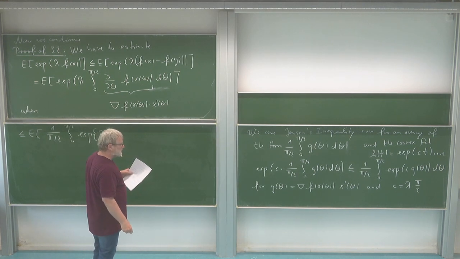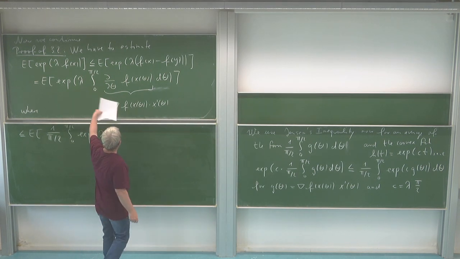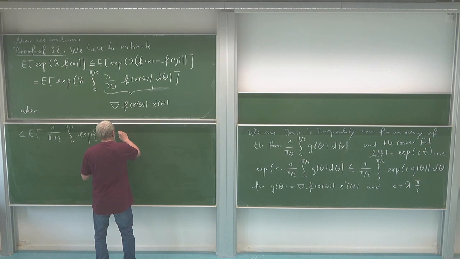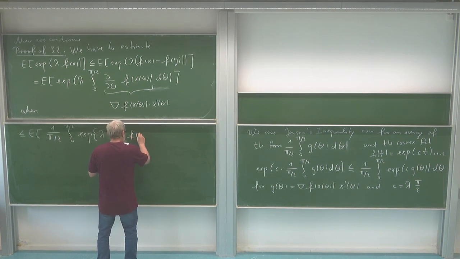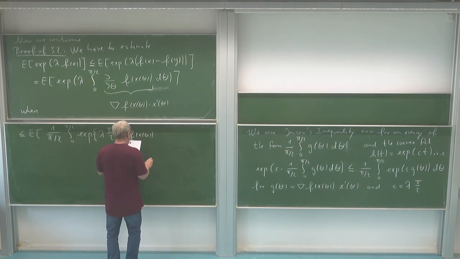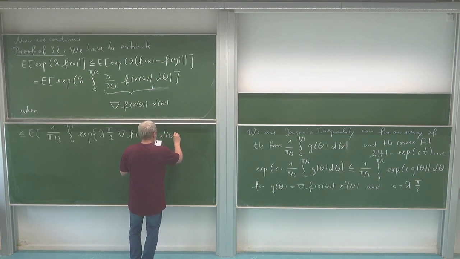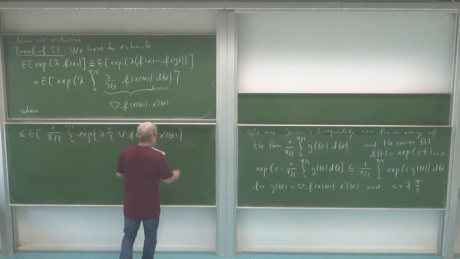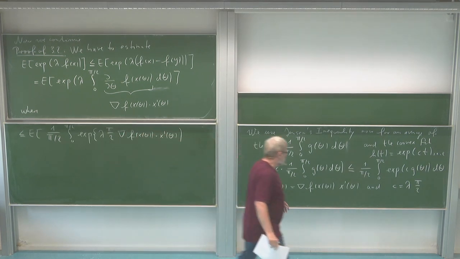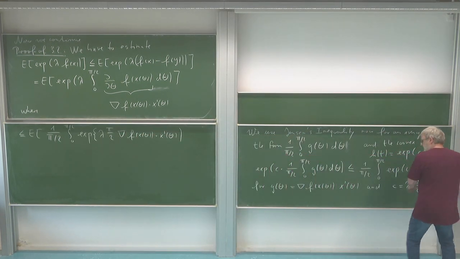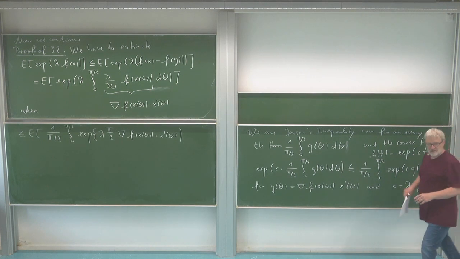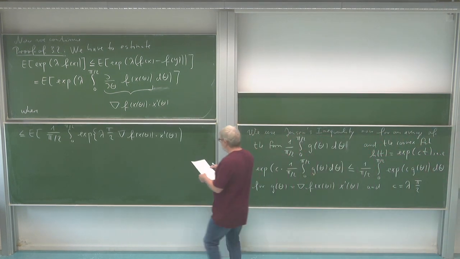And now my function g is exactly this thing here: the gradient of f at the point x of theta multiplied with x prime at the point theta. So that's the g of theta, and then I'm integrating with respect to theta.